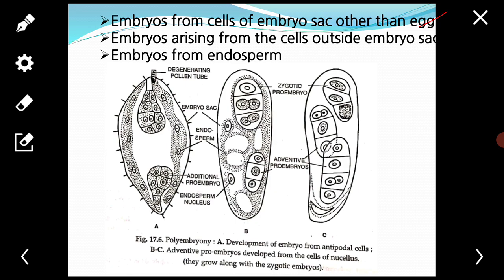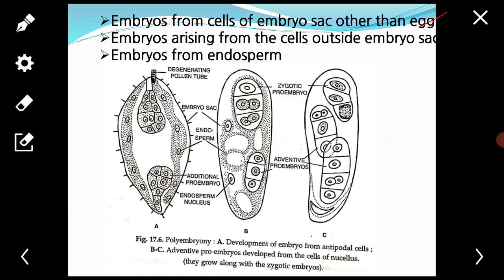Synergid and antipodal cells of the embryo sac produce an embryo. The synergids may be fertilized by sperms from an additional pollen tube, meaning a pollen tube of some other pollen grain, or develop without such fusion, without any fusion.